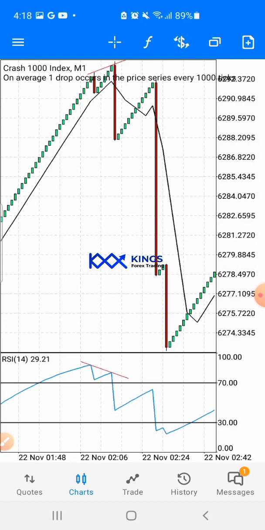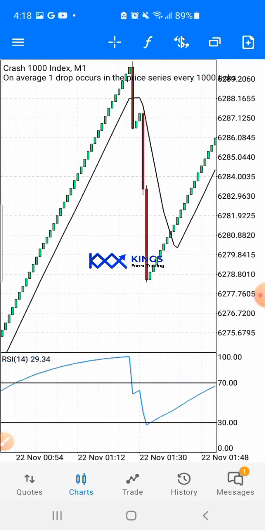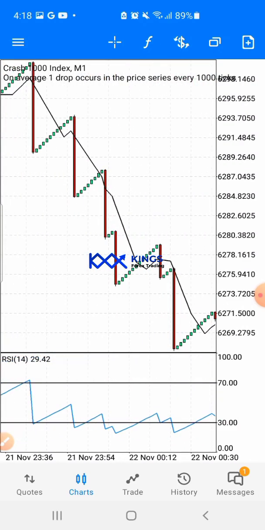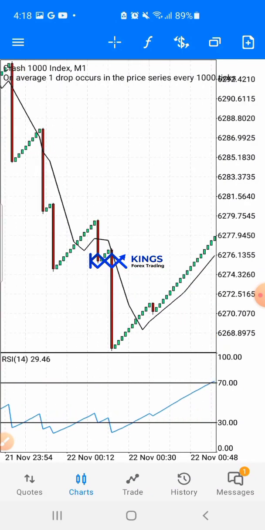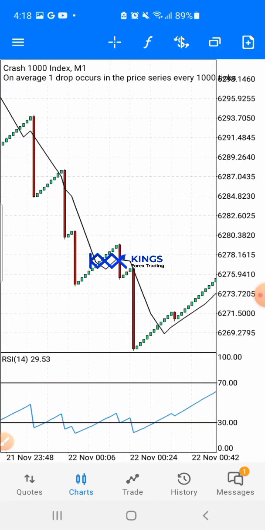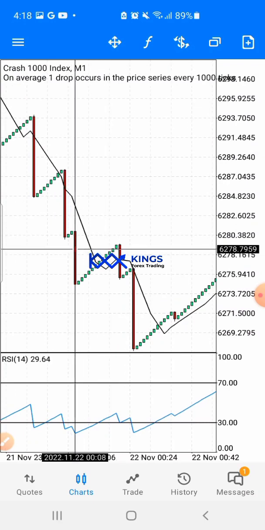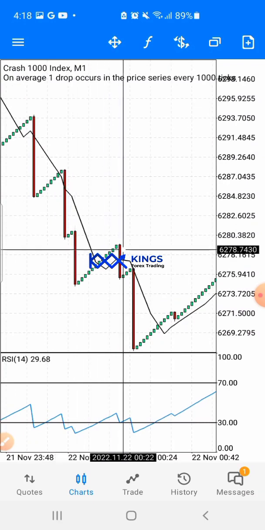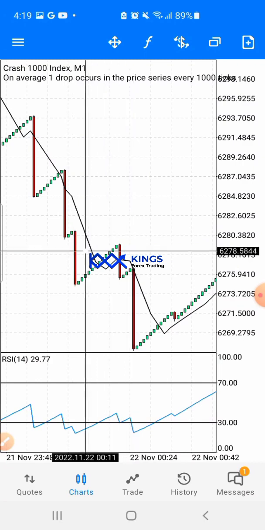But if you want to catch multiple spikes, if you want to catch spikes easily, you can check out trading it on the 1 minute time frame, guys. So if we go back and check, from here we have a divergence. Let's see if we have a divergence here. We have this one making a lower low and this one making a higher high.